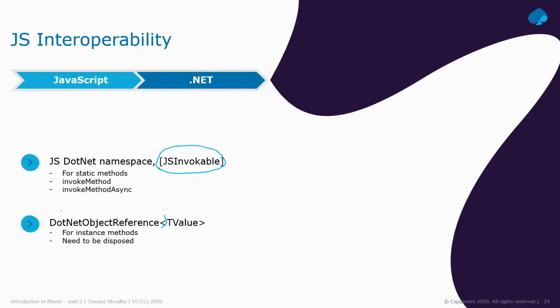To do that, we need to wrap our instance of the object using the DotNetObjectReference class. It allows us to execute the Create method with our object of type TValue, and we can pass that DotNetObjectReference to our JavaScript.